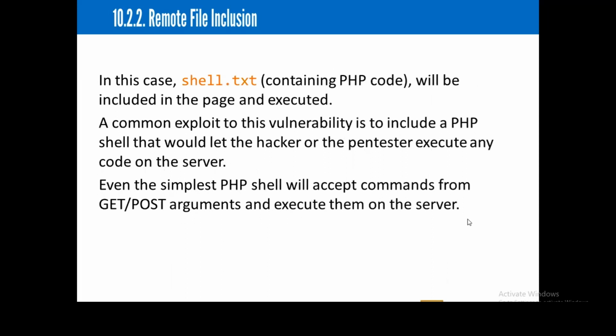So in this case, share.txt contains PHP code that will be included in the page and executed. The common exploit of this vulnerability is to include a PHP shell. You can also include a Python shell that will let the hacker or the pen tester execute any code on the server. Even the simplest PHP shell will accept a GET or POST argument and execute it on the server.